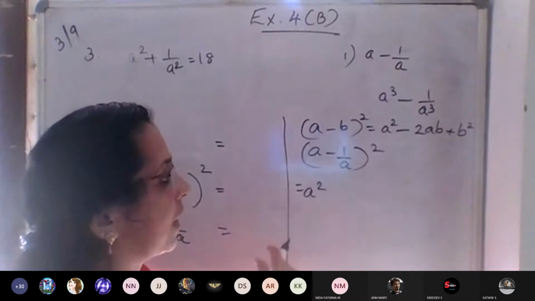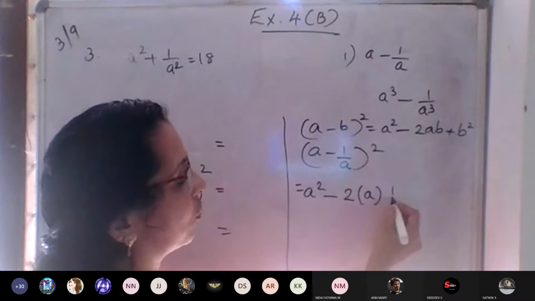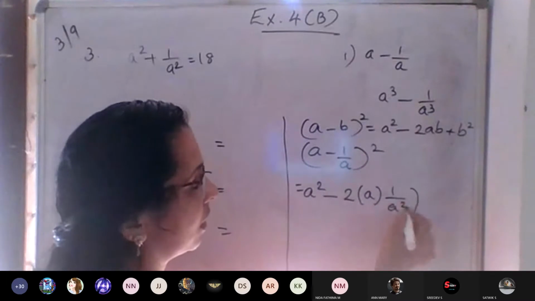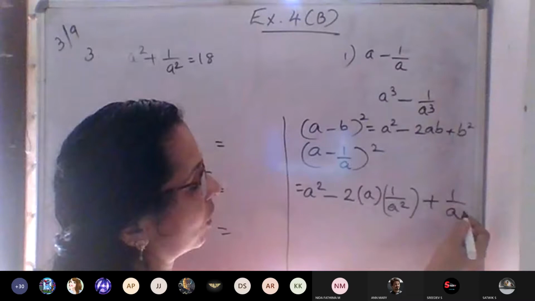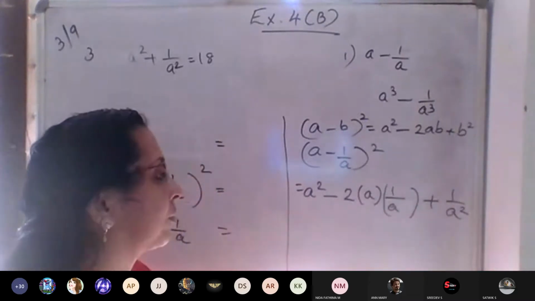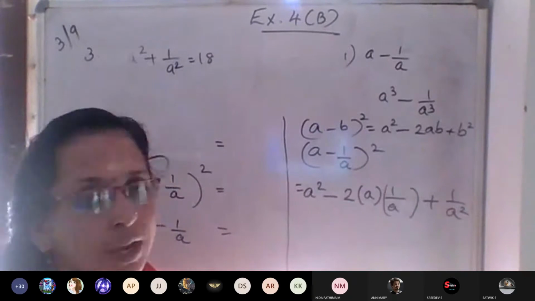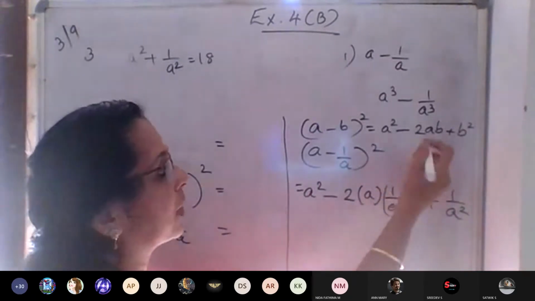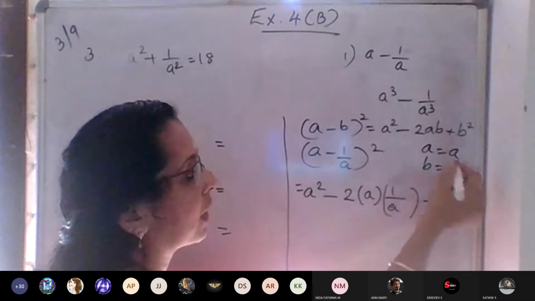So how can we write? A square minus 2 into a into 1 by a, plus 1 by a square, isn't it? 2ab.